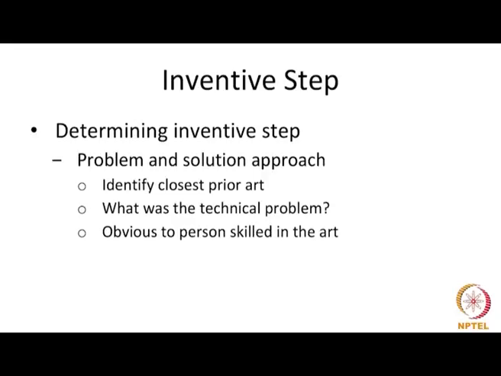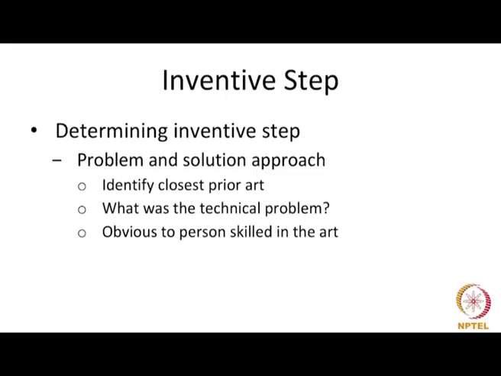So, the problem solution approach helps you to avoid hindsight, and that is a great way in which patents can be drafted, because in drafting, when you use the problem solution approach, you are actually eliminating the possibility of hindsight creeping in. Avoiding hindsight means that obviousness should be analyzed based on the prior art without any knowledge of the invention.